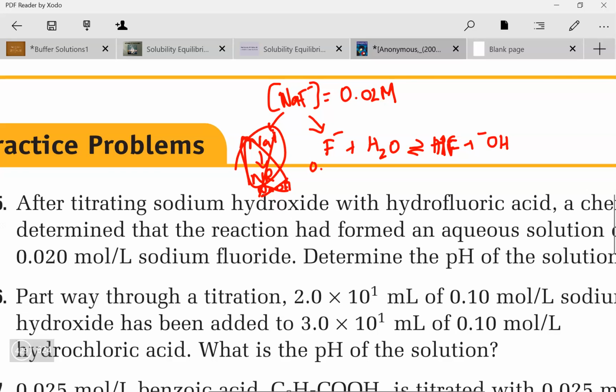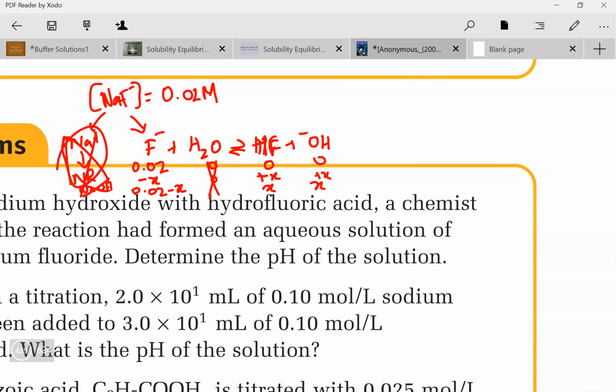So here we have a 0.02 concentration, minus X. I just cancel out the water. Plus X, X, X, 0.02 minus X. So this is our ICE table that we're drawing.